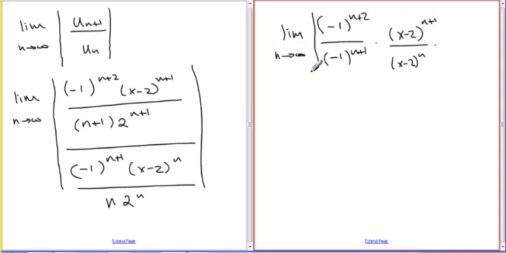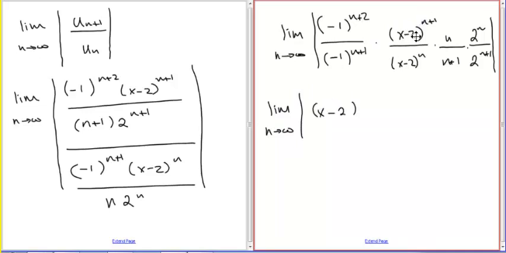And the final one is 2 to the n plus 1 in the denominator to the n in the numerator. The negative thing we just don't worry about because we have the absolute value. So this is going to be x minus 2 to the first power. And we multiply by n over n plus 1. And then we have 1 over 2.